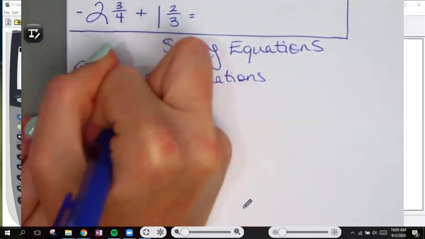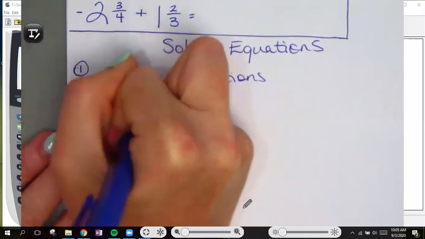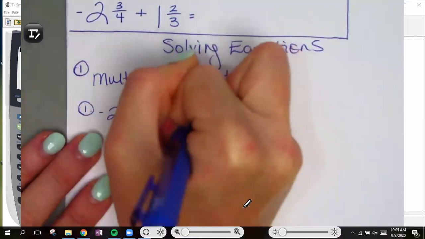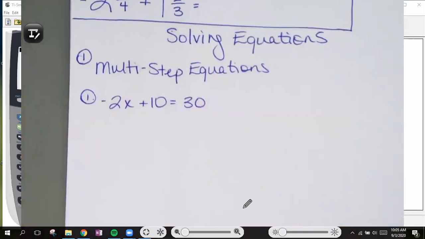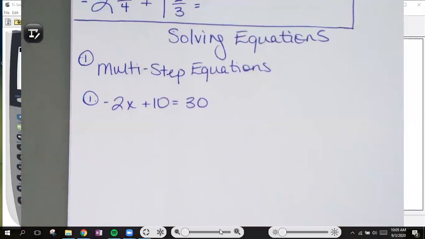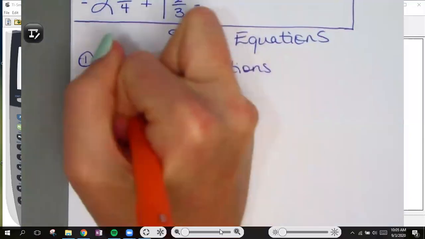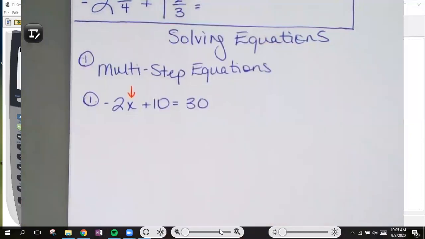Multi-step equations. We have negative 2x plus 10 equals 30. Okay, that's our first question. So when we are solving multi-step equations or solving equations in general, your goal is to get the variable by itself.